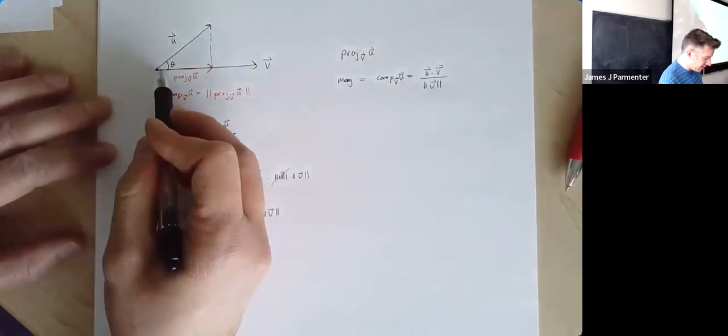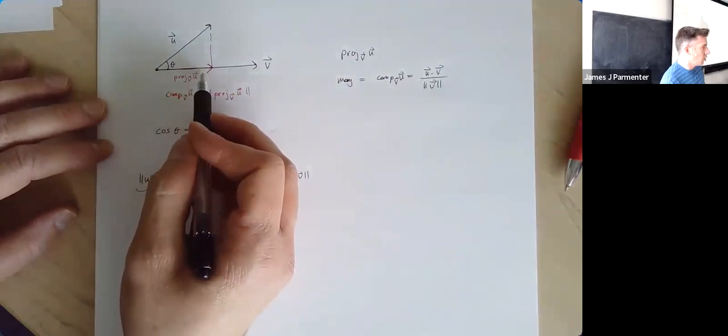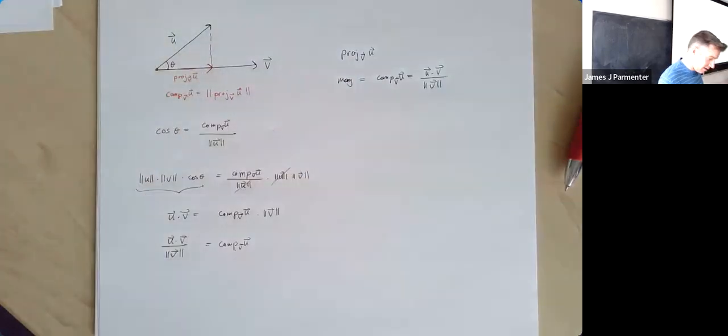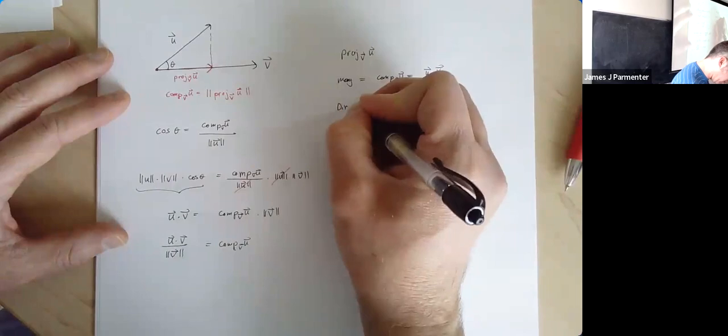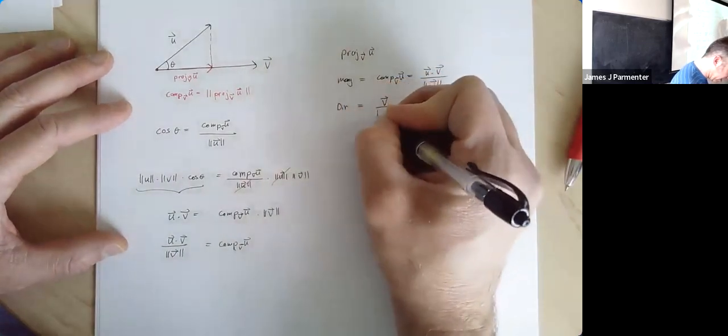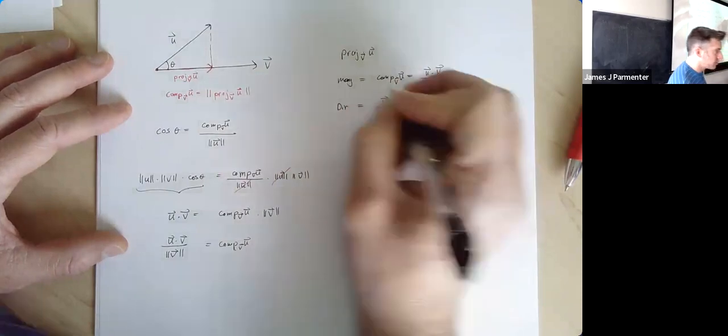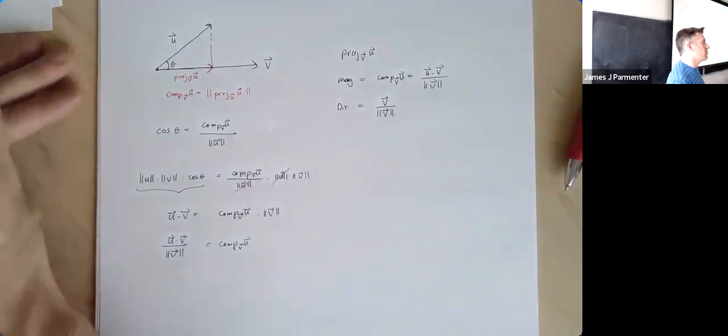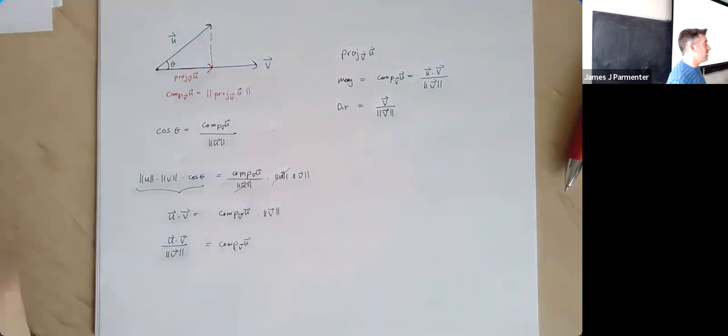What direction is this vector pointing in? The direction of v. So the direction here is just v divided by its own magnitude. When you're finding a direction, you have to have a unit vector. So you have to take whatever vector you've got and divide it by its own length so that the new length is 1.